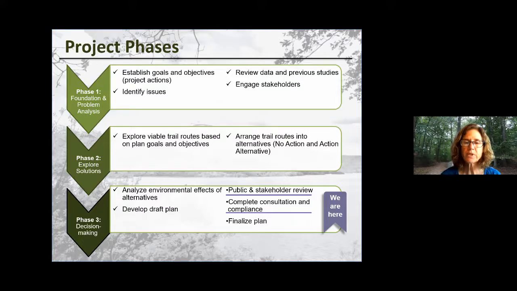So I'm not using NEPA terminology in these slides because it's our own lingo, but for those of you that do know what NEPA is and the lingo we use, establishing goals and objectives is really establishing the purpose and need of the plan.